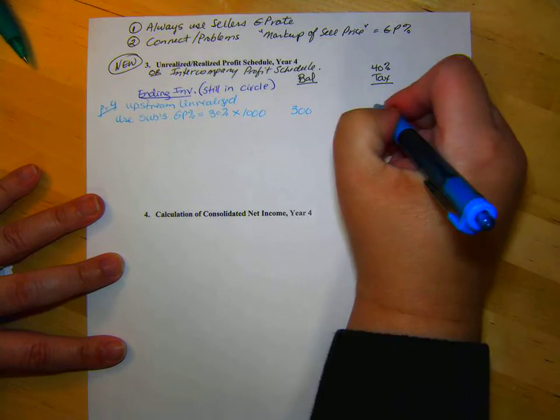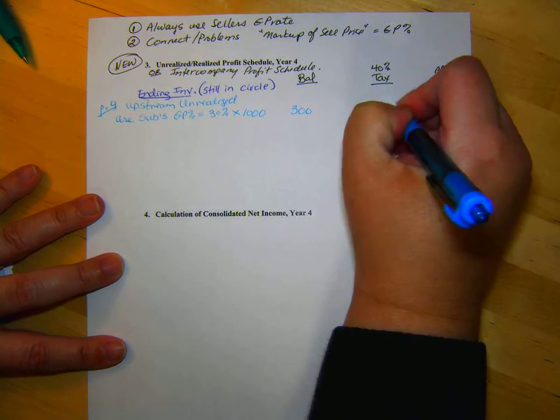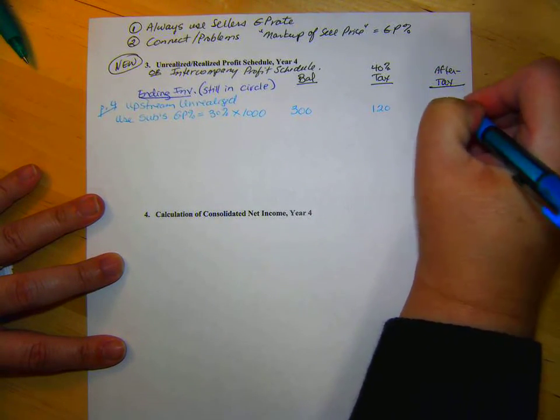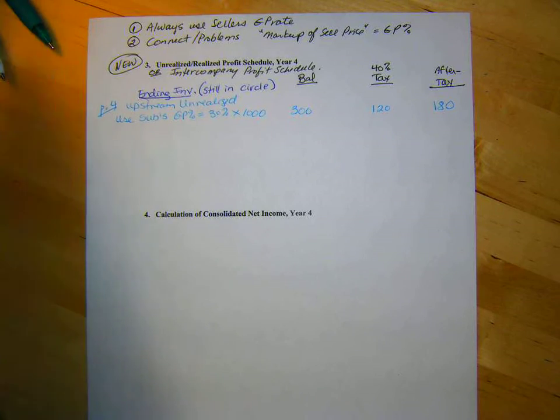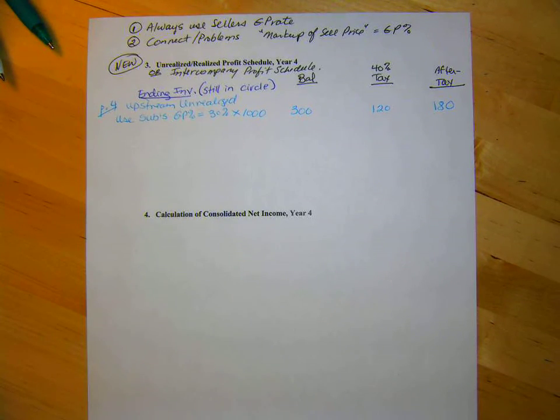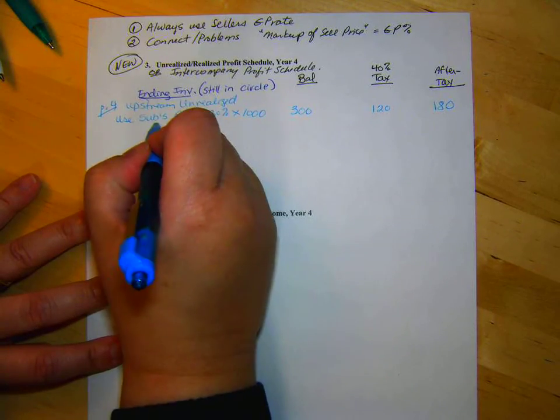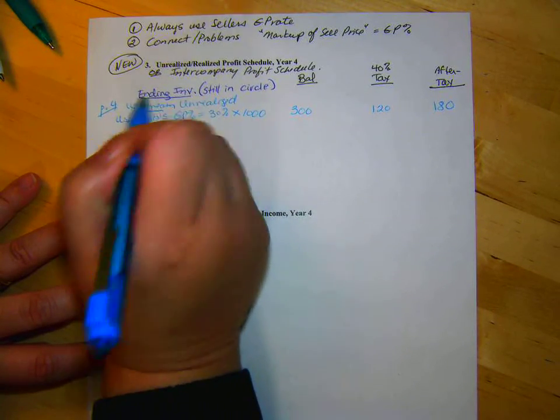Then tax is 40%, and net income is 180. That's just multiplying. So take a second, make sure you know where those numbers are coming from. So we're using the sub's gross profit rate because it's upstream.